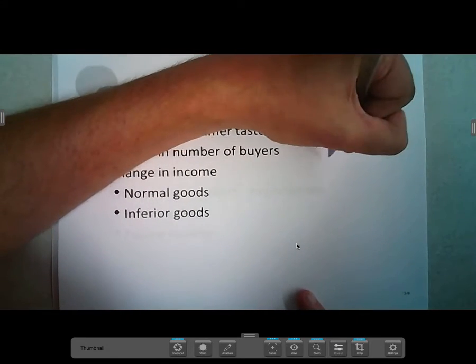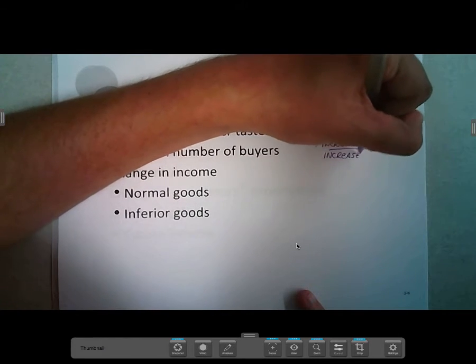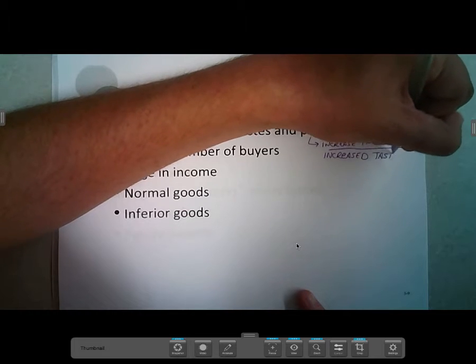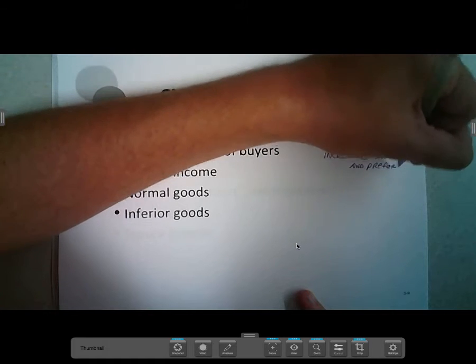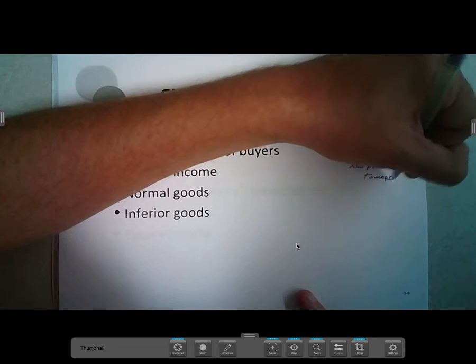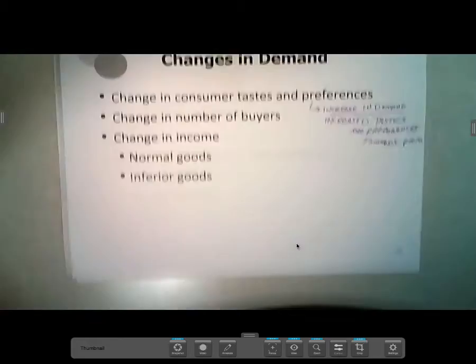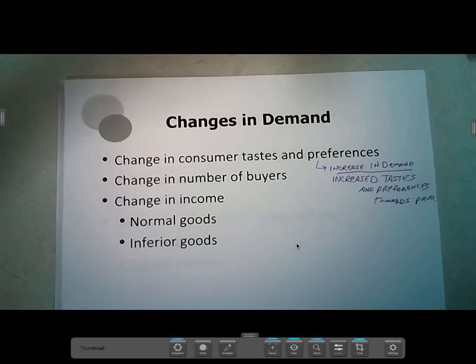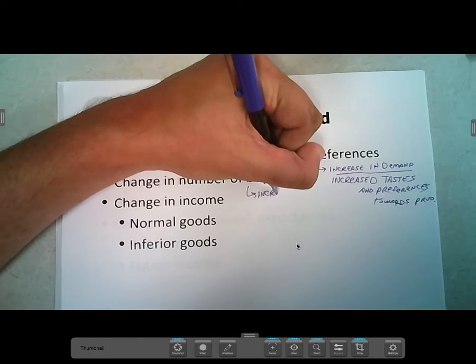To get an increase in demand, I'd have to have increased tastes and preferences towards the product. People wanting it more. Change in number of buyers to get an increase in demand.